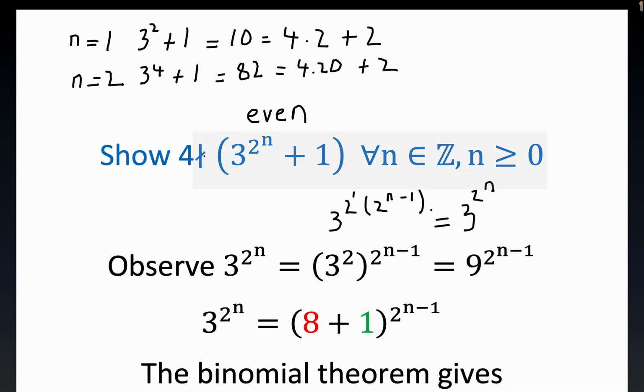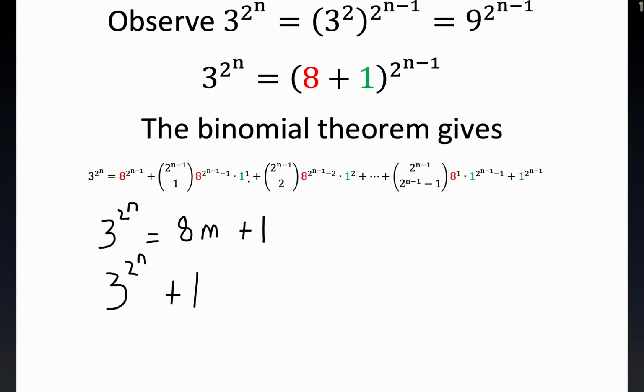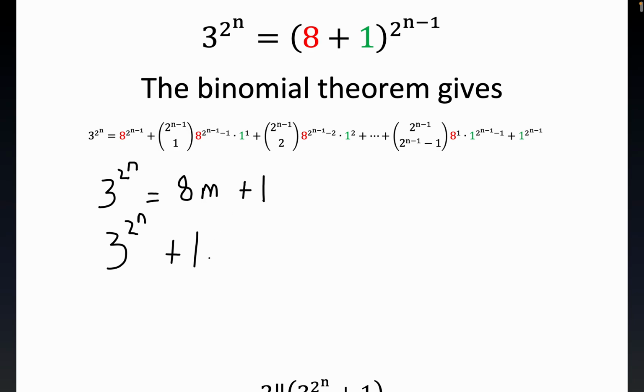We want to show that 4 never divides 3 to the 2 to the n plus 1. We've just done the work for 3 to the 2 to the n, but notice that this work for 3 to the 2 to the n implies that this would be equal to 8m plus 2. Now notice 4 divides 8, right?